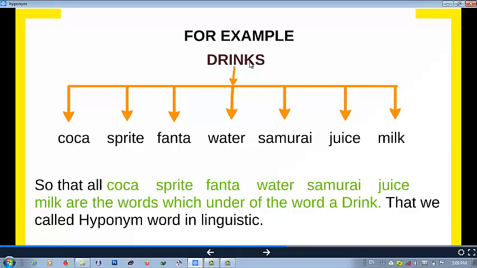We can say that the general word is the upward term, and Coca-Cola, Sprite, Fanta, water, soda, juice, and milk are the words that stay under it, within the cluster of that word. These are the words under the general word, which we call hyponyms in the linguistics of English.